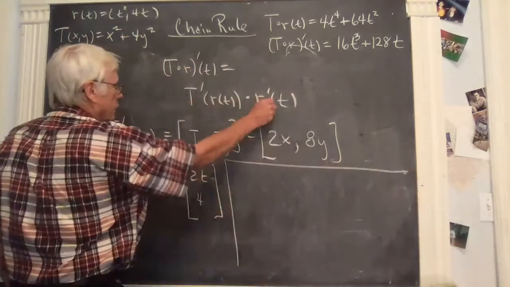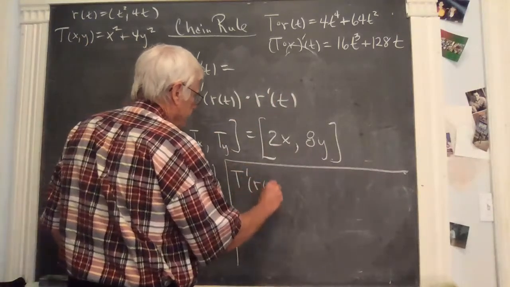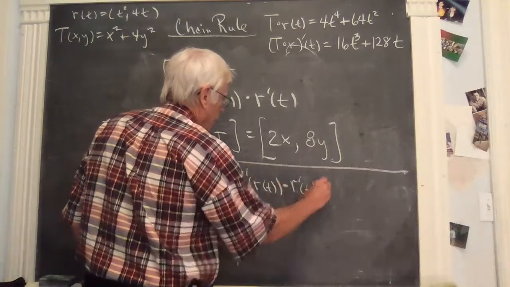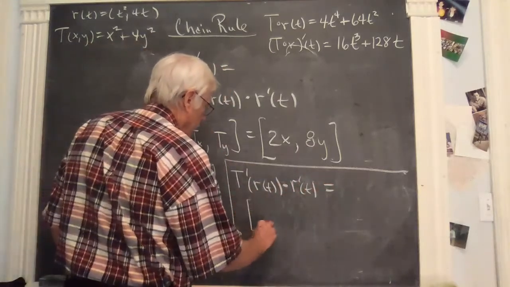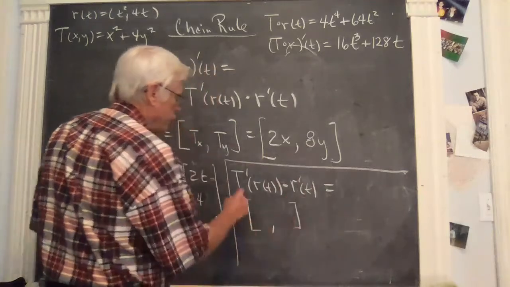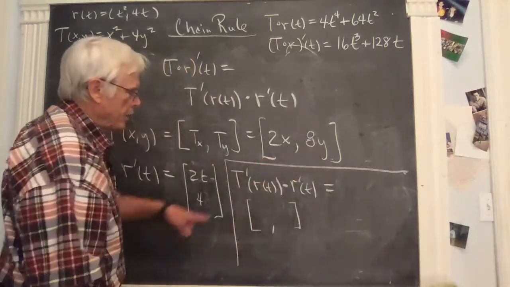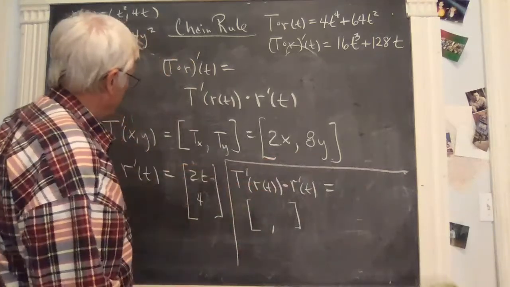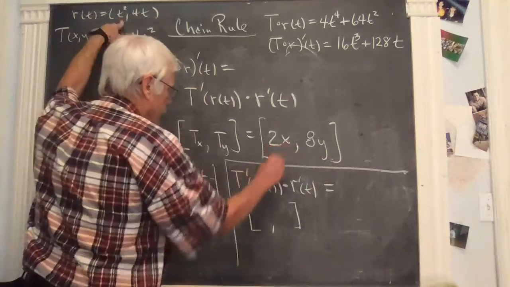So now I want to plug into this formula. T prime of R of t times R prime of t equals, and the first thing is T prime, which consists of 2x and 8y, but we don't use the variables x and y. We sub in what R of t is. R of t has t squared, so that will be 2 times t squared.